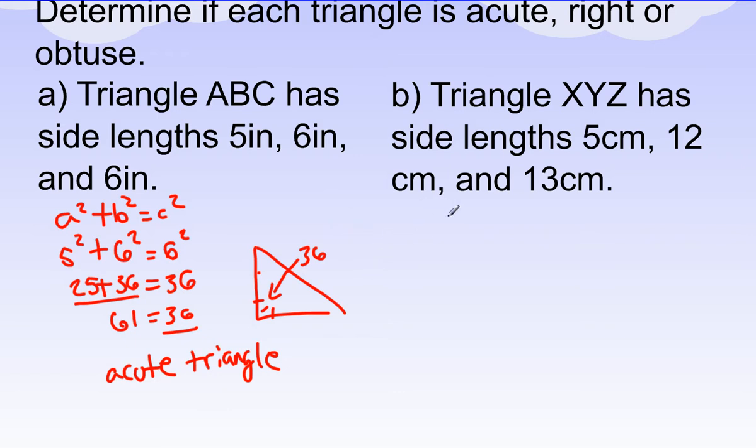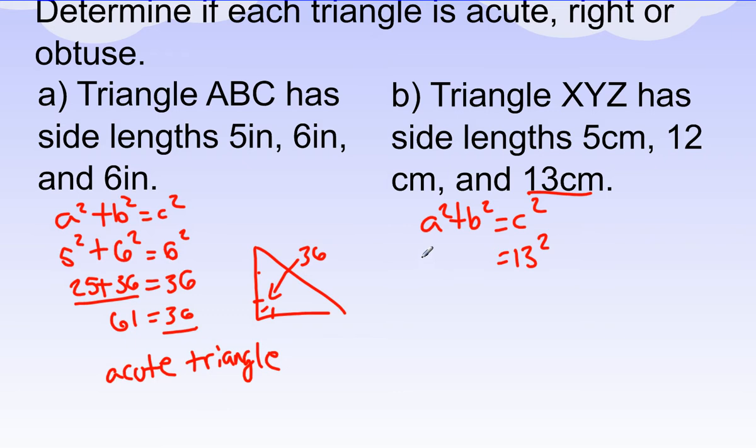Letter B. XYZ has side lengths of 5, 12, and 13. Alright, so a squared plus b squared equals c squared. The longest side is the hypotenuse, or should be, so I put the longest side in for the c, so 13 squared.